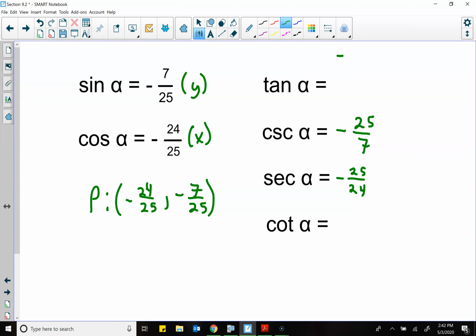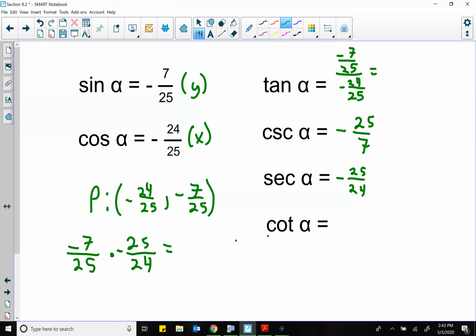So that's negative 7/25 all over negative 24/25. Okay? And again, this is really just negative 7/25 times, because division becomes multiplication, flip it, 25/24, of course, negative.